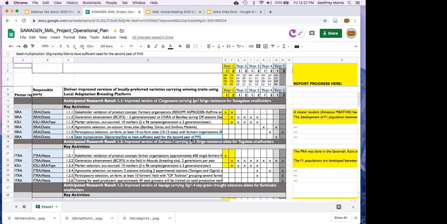Cyril is moving very quickly. He's working three generations a year, and he's using Ndiaga Cisse's trick of starting on multiplications while the rest of the assessments are moving forward.